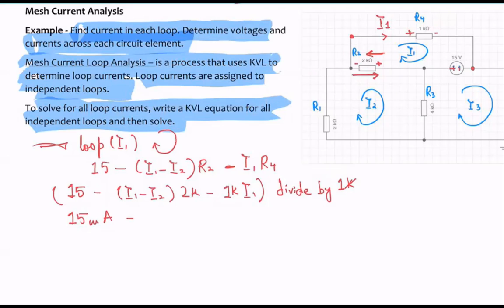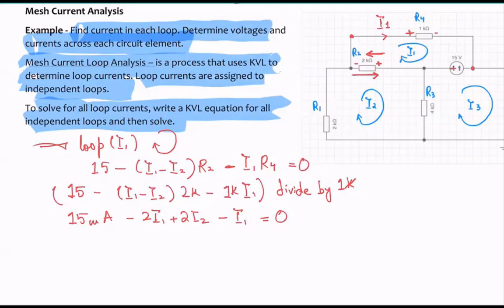So I will get what? Negative. So maybe I can open the brackets here. So this will be negative 2I1 plus 2I2, correct? And then this K will cancel out with this K, and I have I1 here, okay, equals to 0, right? So this was equals to 0. Okay.